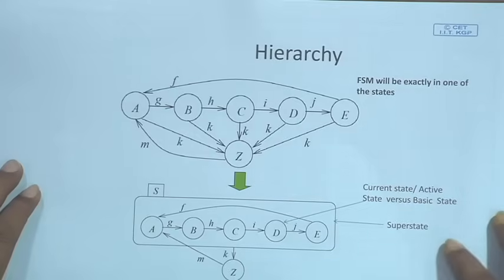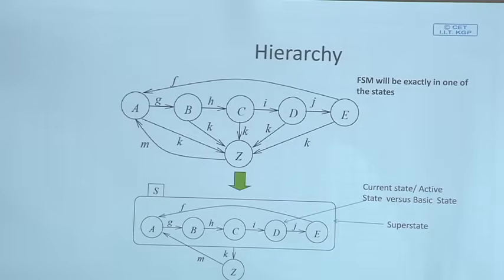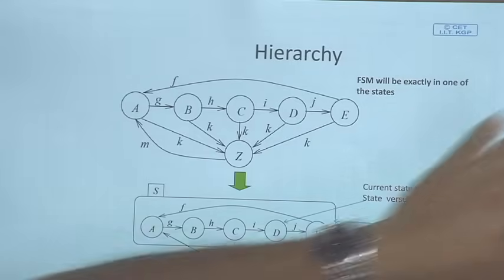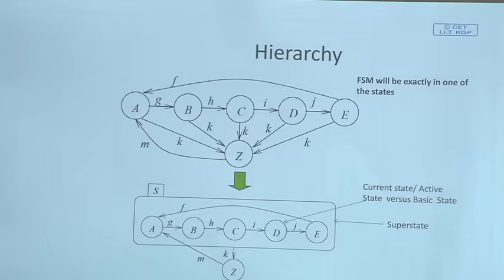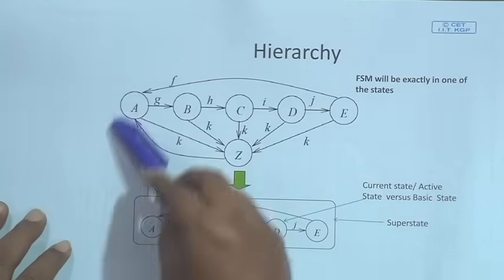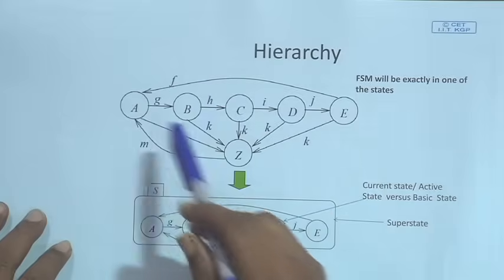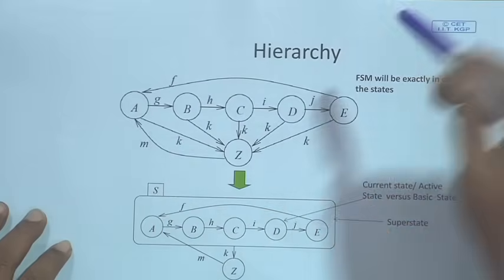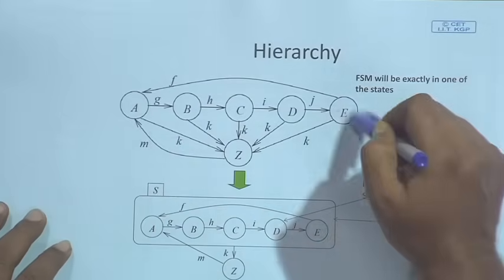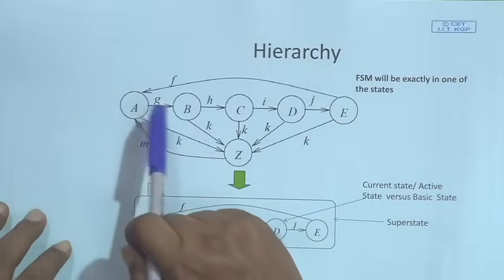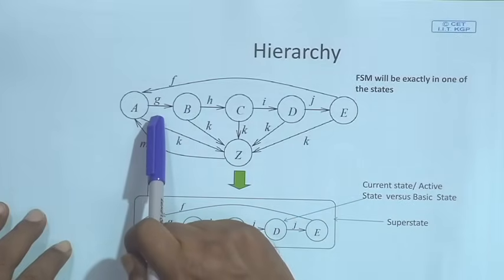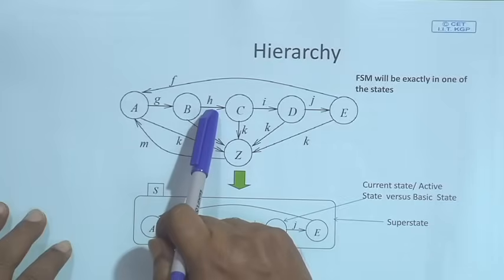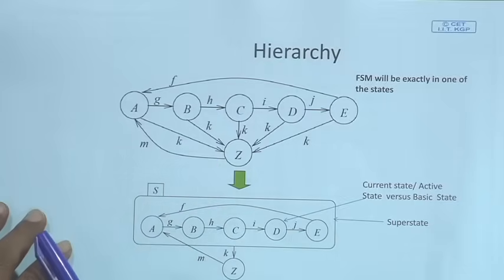On the other hand, if I represent a finite state machine like this, as is being shown here, this is a finite state machine with 1, 2, 3, 4, 5 states, and there are so many edges coming out from A to B on event G, from B to C on event H, like that.